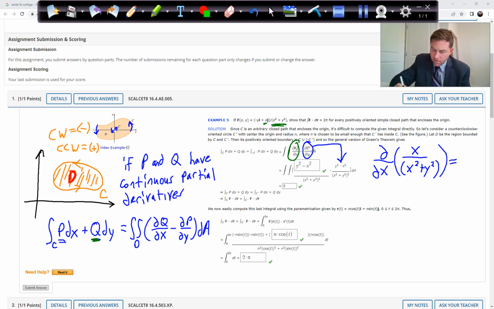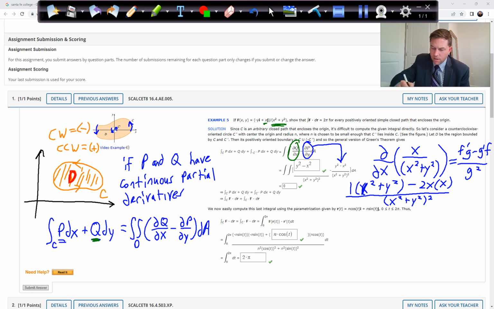So we're going to have f prime g minus g prime f all over g squared. And f prime would be the derivative of x, which is 1, times g left alone, which would be x squared plus y squared, minus g prime, which would be 2x, times f left alone, which is x, all over x squared plus y squared, squared.